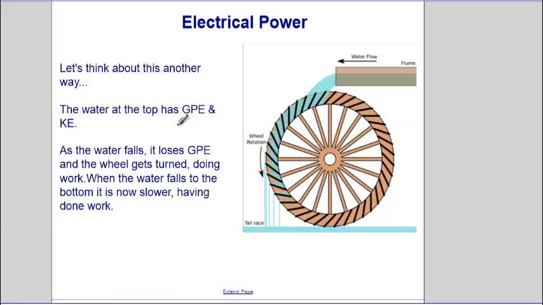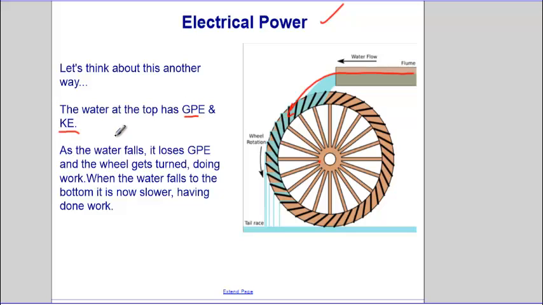Another way to think about electrical power is the rate at which energy is transformed. If we have a pipe with water flowing, you can connect a generator to this, and the rate at which the water wheel spins is related to the electrical power. The water at the top has GPE, gravitational potential energy.